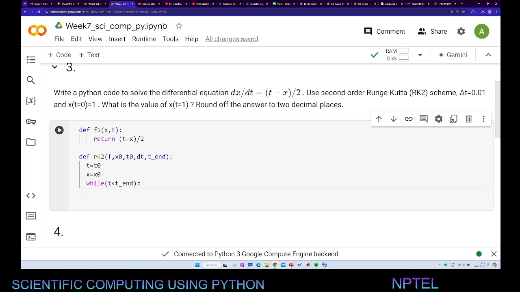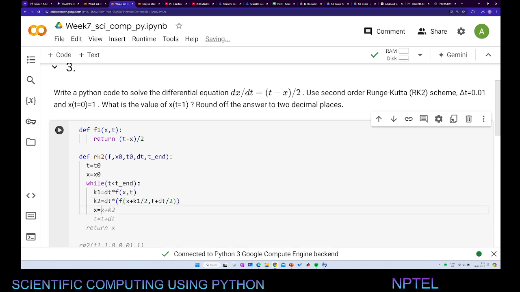And what was the definition of RK2? First you get K1 and K2, right? So K1 is just your Euler forward, dt times f of x comma t, and then K2 is the average of two things: f of x plus K1, like your predictor, and t plus dt by 2.